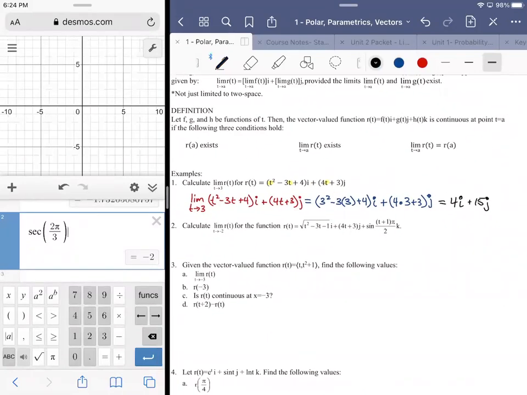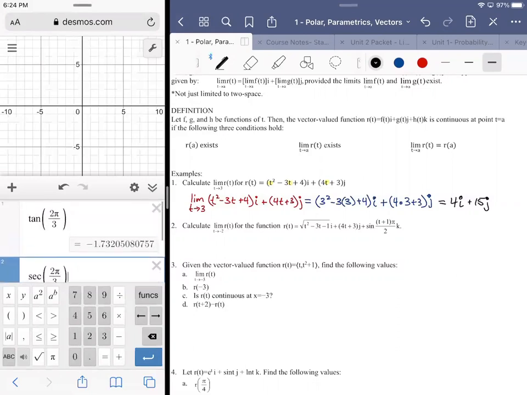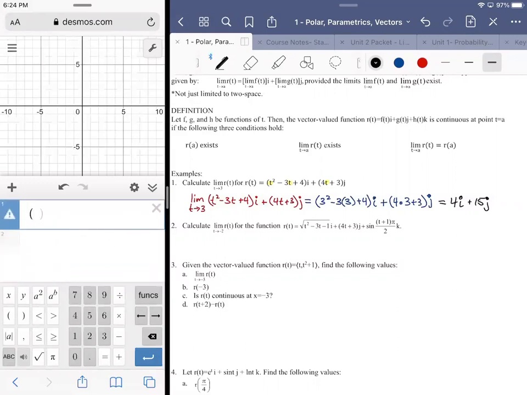Now, what that means is a different story altogether. Just because we do it the same way we would do it in Calc 1 doesn't mean that it has the same meaning as Calc 1, right? What we're looking at here, I can actually just show you really quickly. I can just X these out. Just pop it in as an ordered pair.